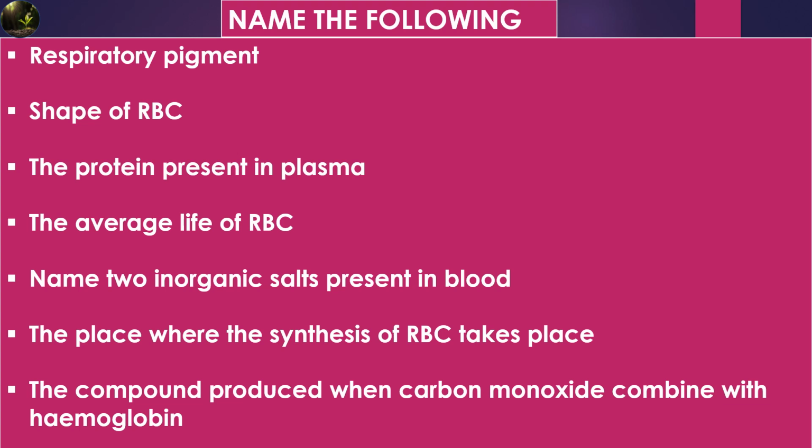The compound produced when carbon monoxide combines with hemoglobin is carboxyhemoglobin. Don't confuse it with carbaminohemoglobin and oxyhemoglobin, which are unstable compounds. But carbon monoxide combined with hemoglobin produces carboxyhemoglobin. The spelling you also have to remember. It's very important.